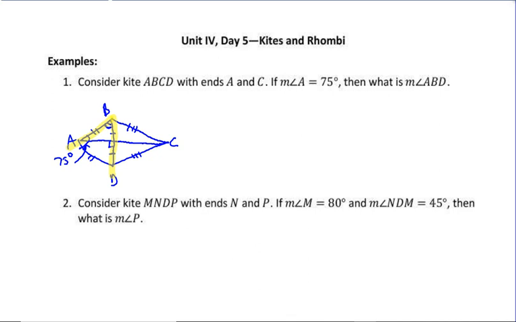In a triangle, I know that the total angle measure is 180 degrees. 180 degrees minus the 75 degrees will give me 105 degrees left in this triangle ABD. So I'm going to cover up the piece of this kite that we're not discussing.